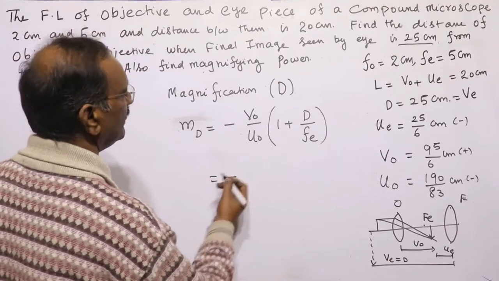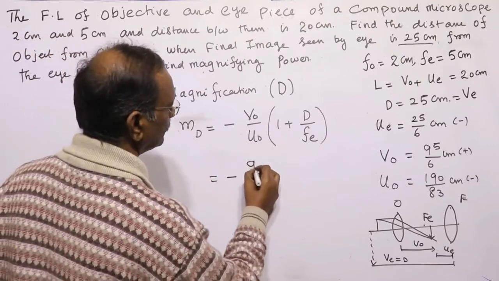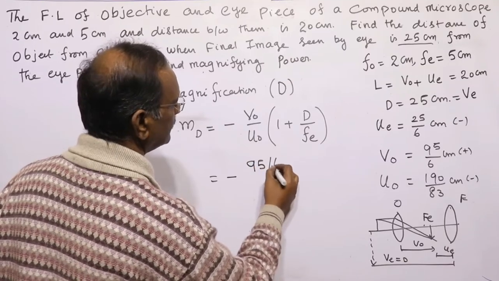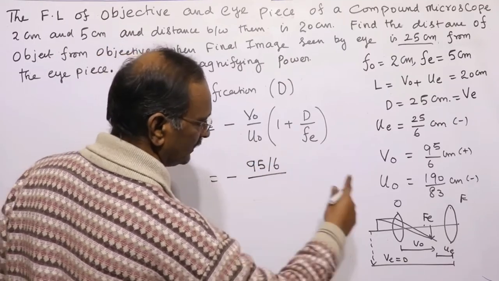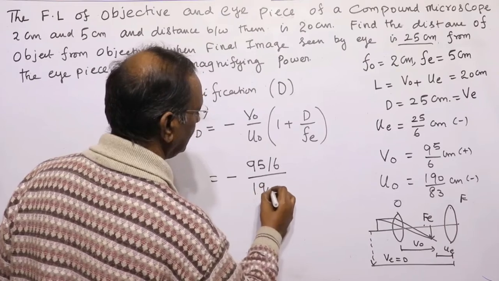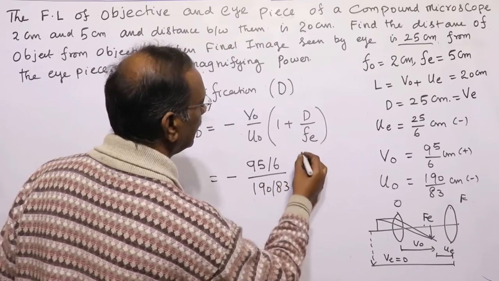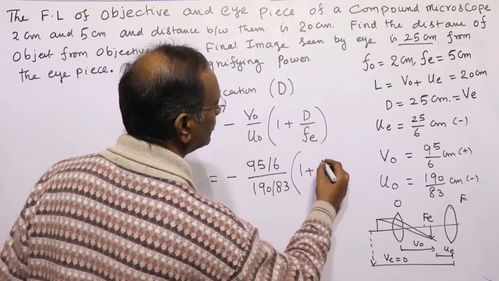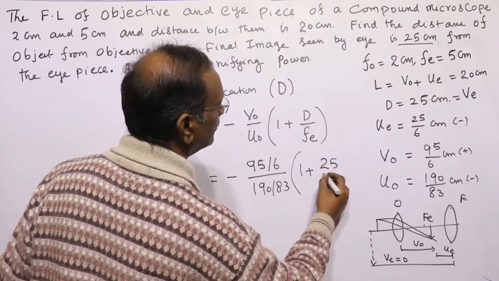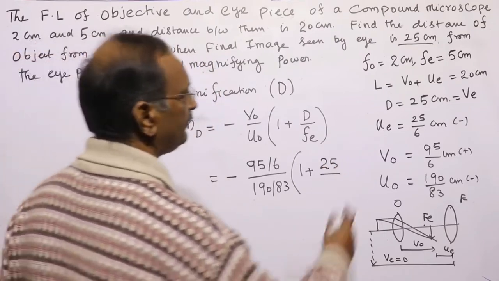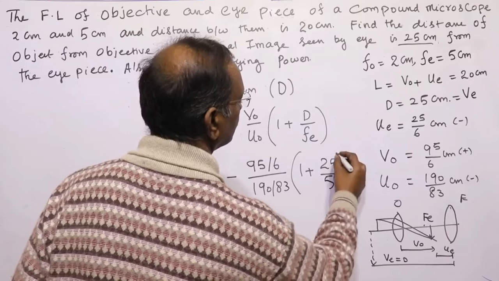So this is equal to minus, V naught is equal to 95 by 6 and U naught is equal to 190 by 83, into 1 plus D, where D is equal to 25, the least distance of distinct vision, and F E is equal to 5.